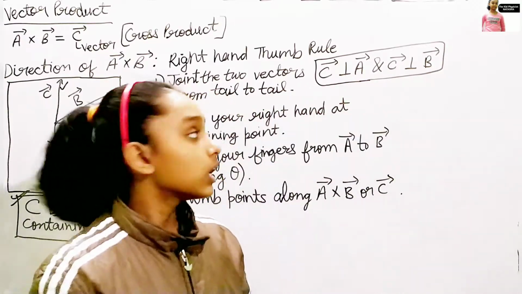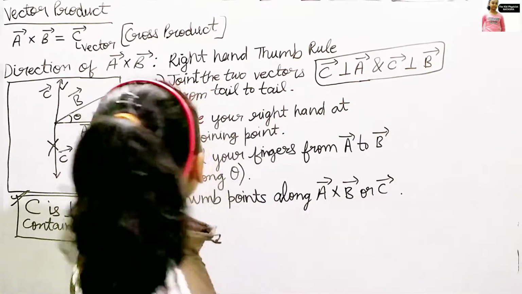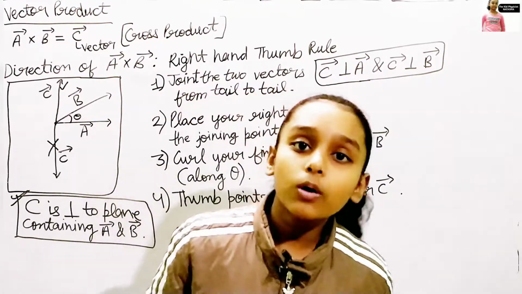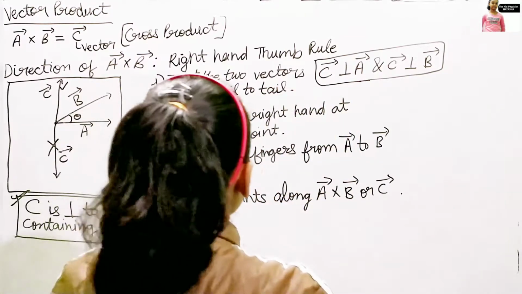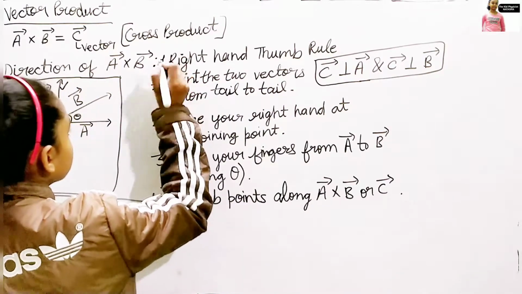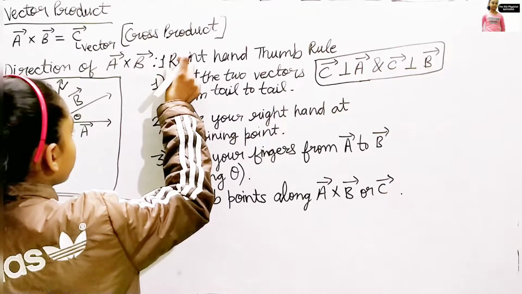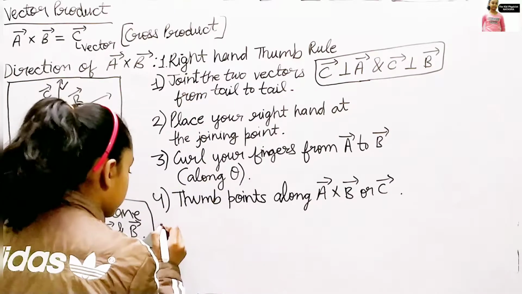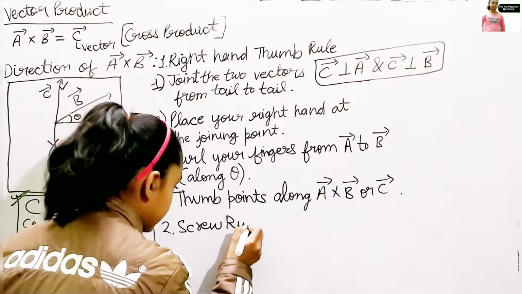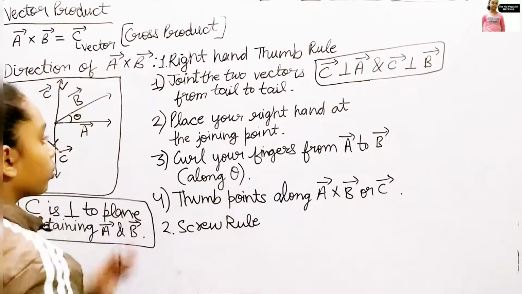So now I'm going to tell you the direction through the screw rule. Okay, yeah, so let me just write here first of all, screw rule. This was the first rule. Now this will be our second one. It is the screw rule. In this rule we don't have to write any steps.